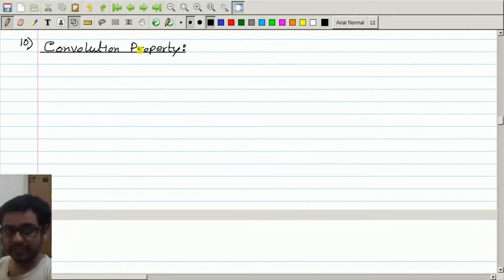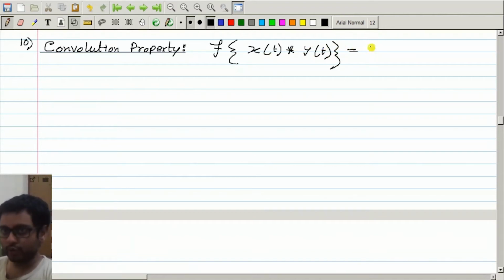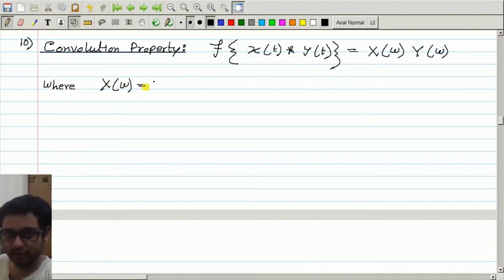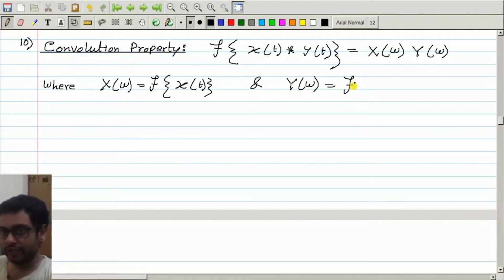Now this is probably the most important property, that is the convolution property, which says the Fourier transform of x star y, that is the convolution between x and y, is equal to capital X of omega multiplied with capital Y of omega, where clearly capital X of omega is the Fourier transform of small x(t) and capital Y of omega is the Fourier transform of small y(t).